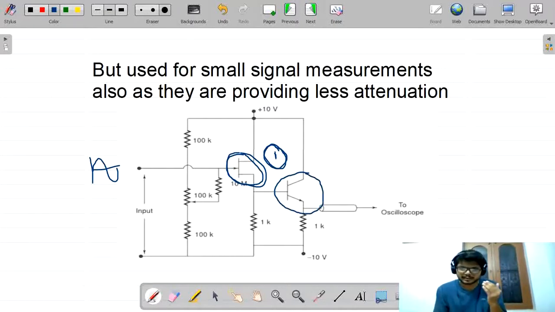What will this BJT circuit do? This BJT circuit has very high power gain, so my input impedance to the CRO is increased tremendously. It is what exactly happens there.